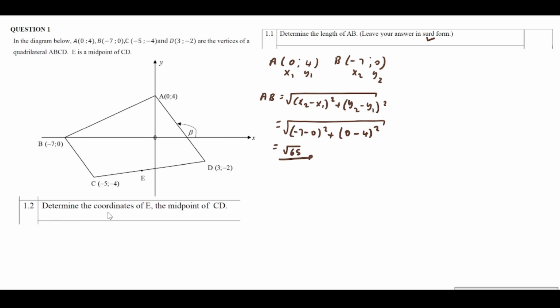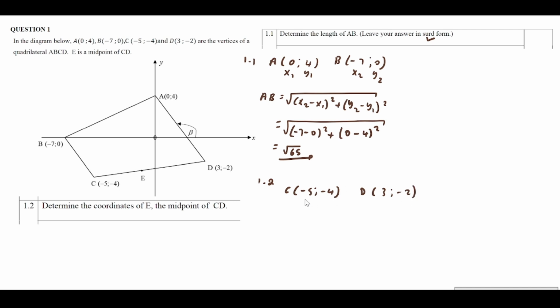1.2, it says determine the coordinates of E, the midpoint of C and D. So firstly, this is 1.1, this is 1.2. The coordinates of C are -5 and -4. The coordinates of D are 3 and -2.